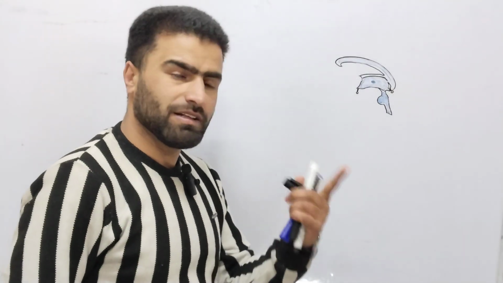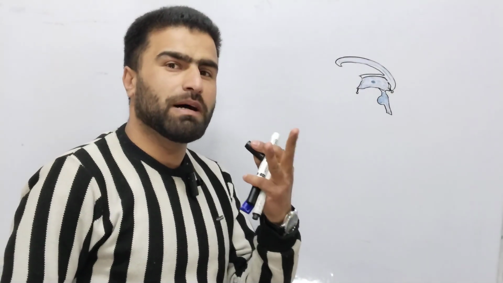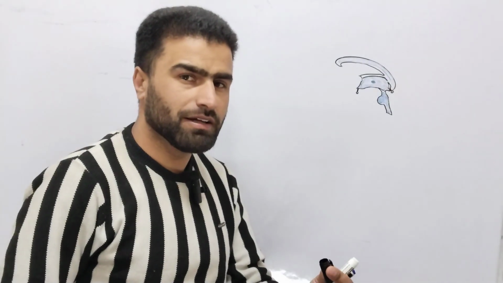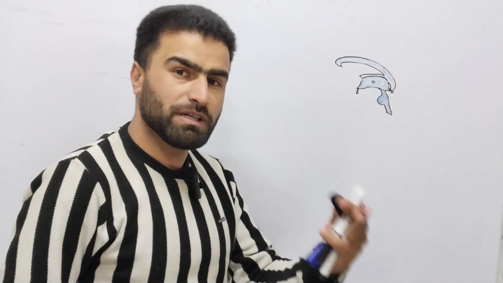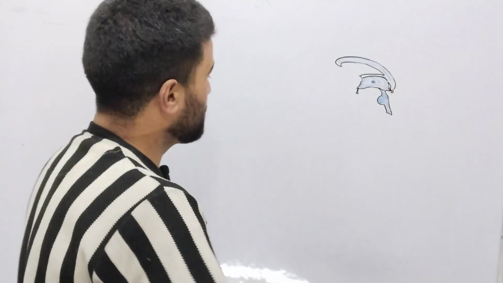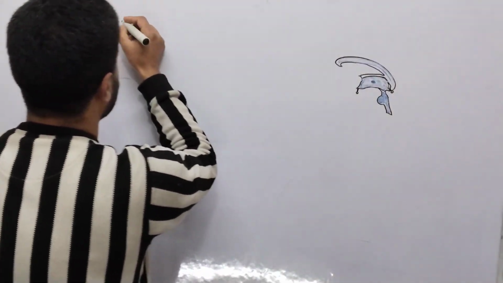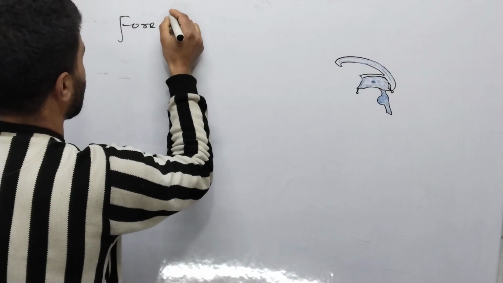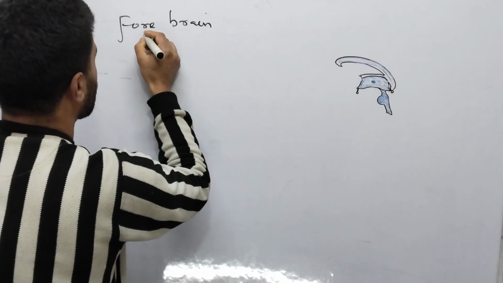Before discussing this diencephalon, I should remind you that previously we discussed three parts of the brain: forebrain, prosencephalon, midbrain, and the hindbrain. In the forebrain, we talked about three important structures.